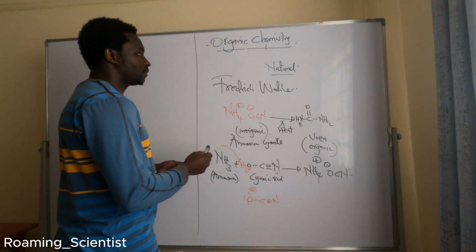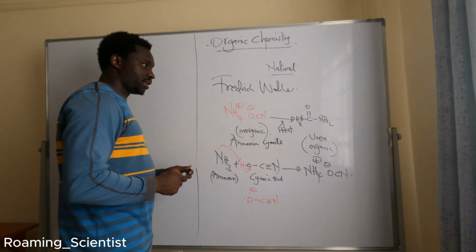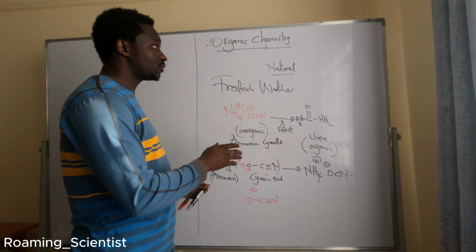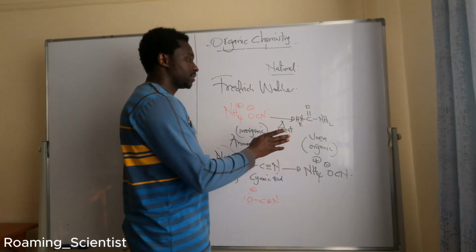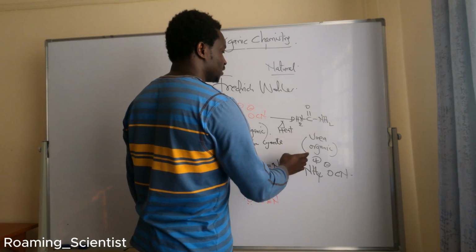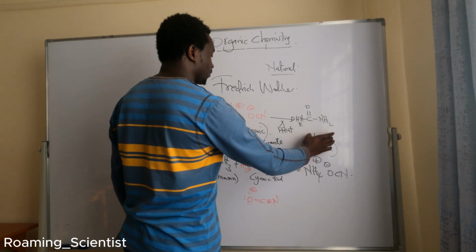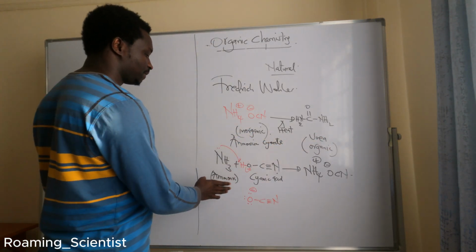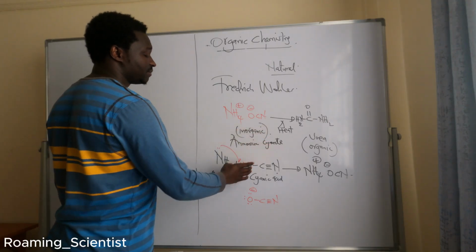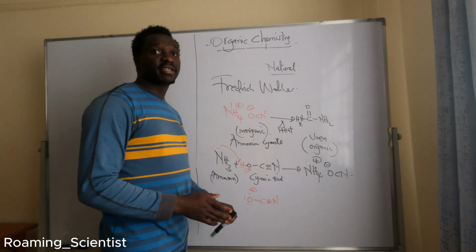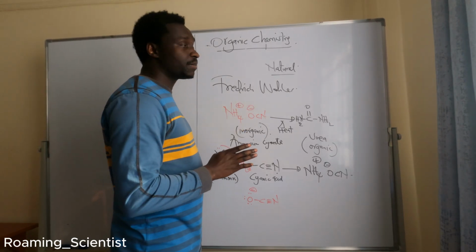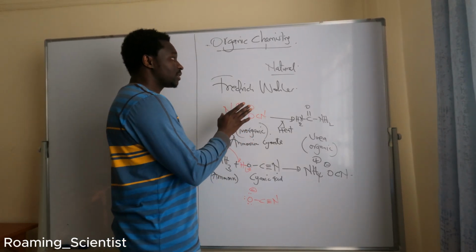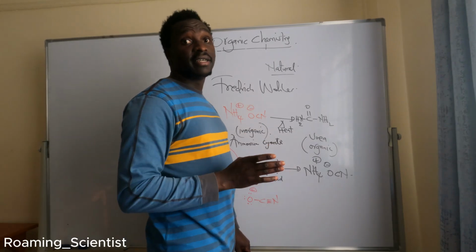So it is Friedrich Wöhler, this German chemist, who discovered that we can actually synthesize urea from ammonium cyanide. And that became a groundbreaking discovery. So most of the compounds today are actually synthetic.